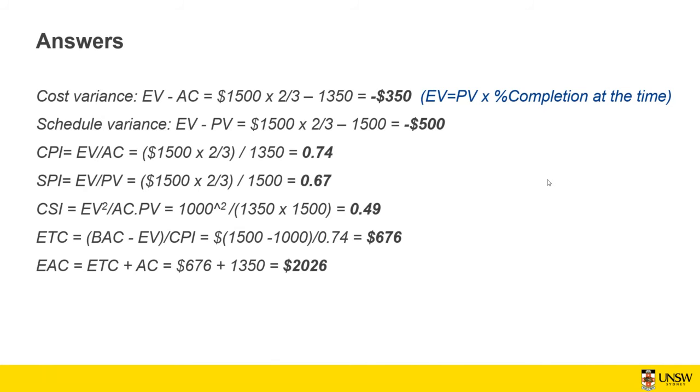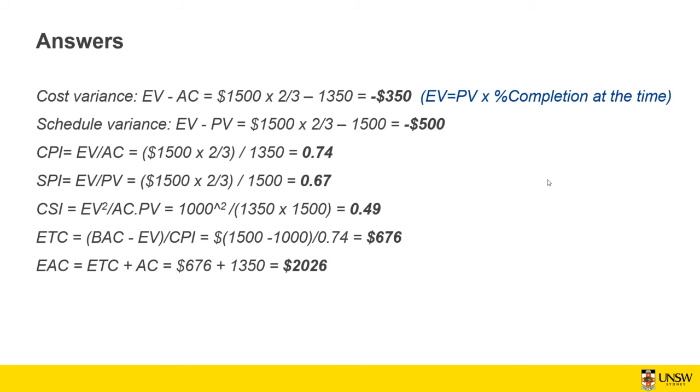As you can see, the project is behind the schedule and also over budget. The CPI is going to be earned value divided by actual costs, going to be 0.74, and SPI, the schedule performance index, is going to be 0.67, and CSI, cost schedule index, is going to be 0.49, which is below 0.5. So it's not a very well-run project.